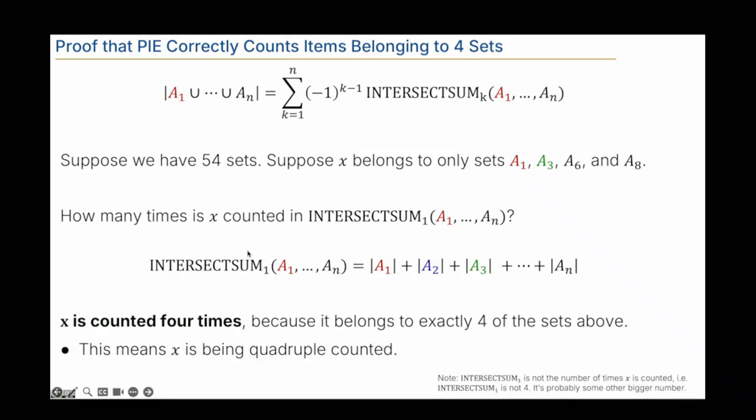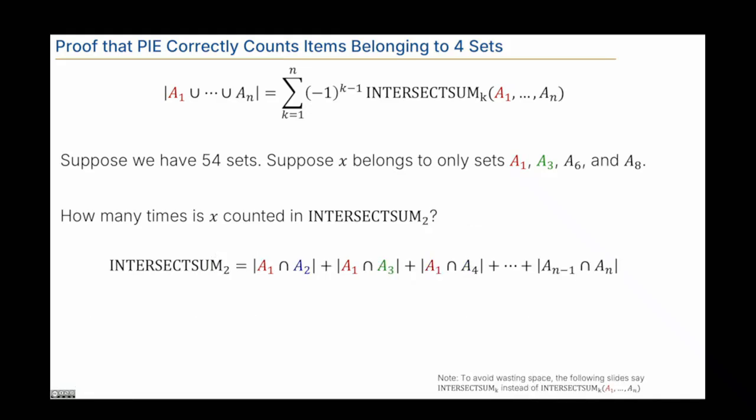It's counted 4 times because it belongs to set A1, A3, A6, and A8. X is being quadruple counted. This is kind of obvious, but kind of tricky. Why do we care about that? Well, I'm trying to show you that x gets counted the right number of times. What's x? It's some item, any item, that belongs to A1, A3, A6, and A8. And what I've just shown is that intersect sum 1 overcounts that.